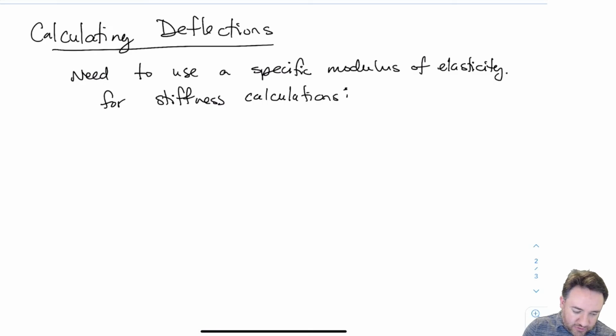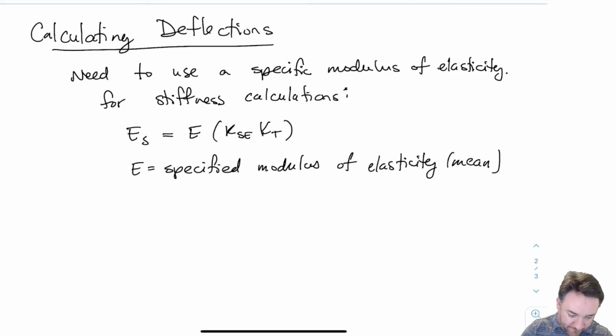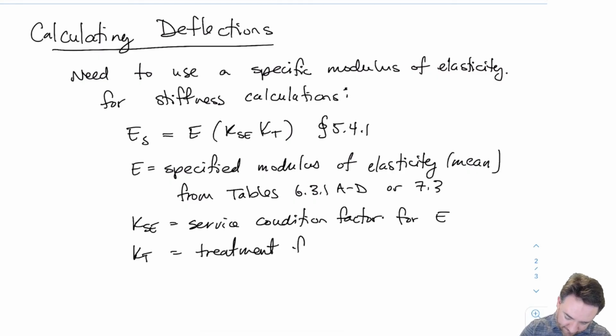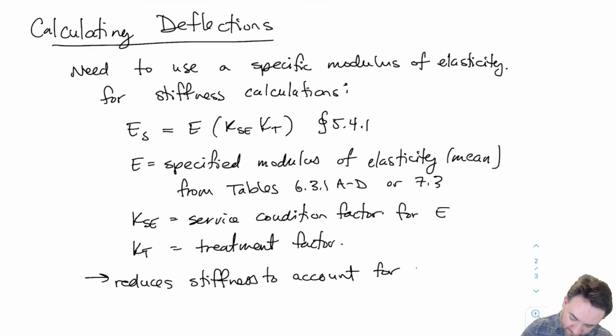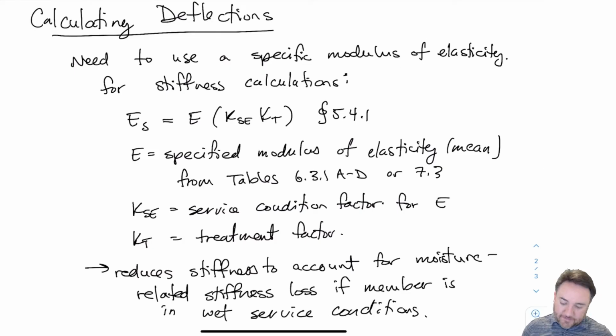I need to use a specific modified Young's modulus of elasticity. So I don't just use E, I use ES, which is the regular E, which I would get from my tables, times KSE KT.